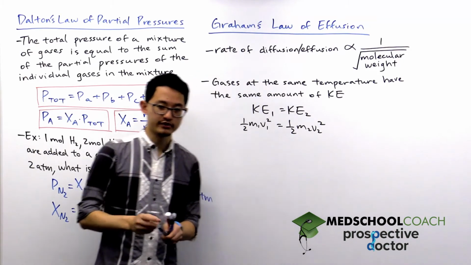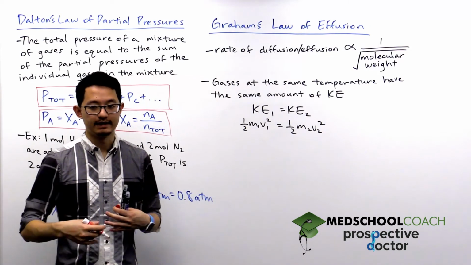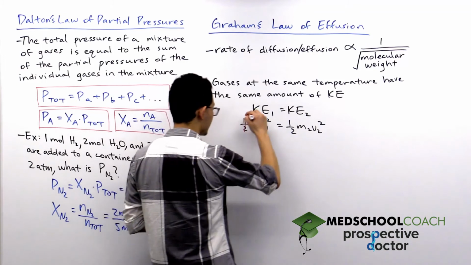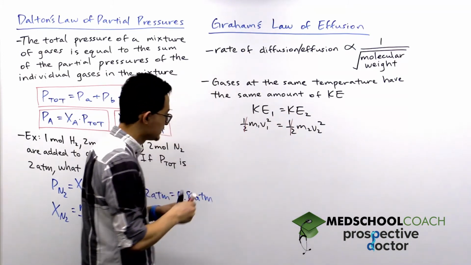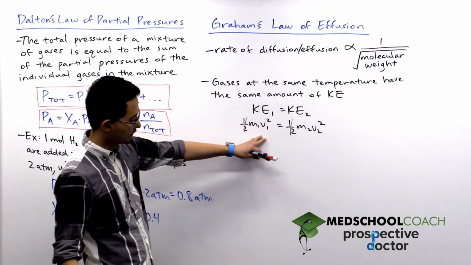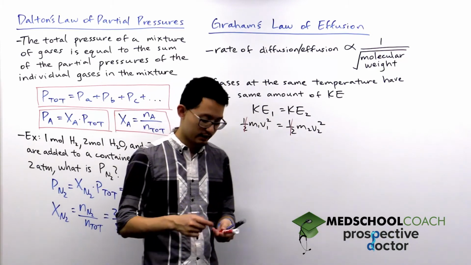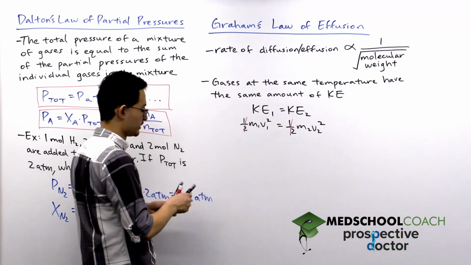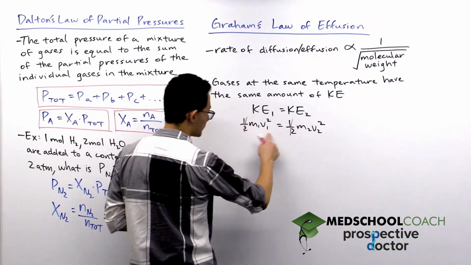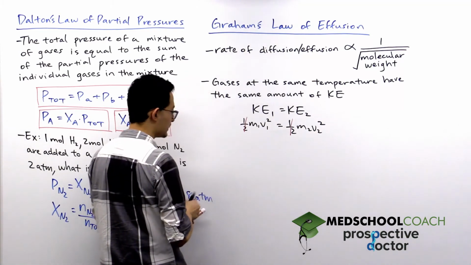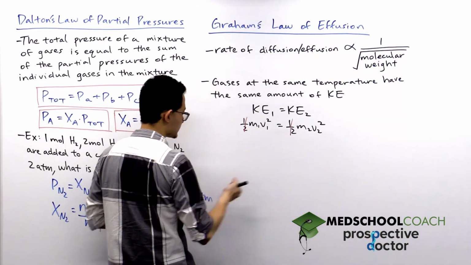Now, from this equation, we can see that the 1/2s are going to cancel out on both sides. And what we can do with what's left over, m1 v1 squared equals m2 v2 squared, is rearrange the equation. I'm going to divide by v2 squared and by m1 on both sides.